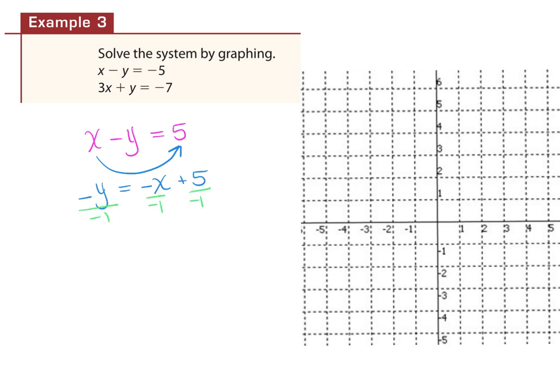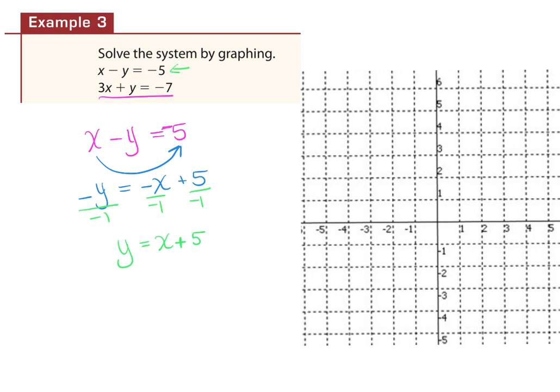So my first line is going to be y equals x minus 5. Actually, that's going to be +x. Yeah, that's right. I was like, what am I missing here? Helps to put your minus right there. Let's put that there. That's going to be a plus. There we go. Much better. All right. So that's my first equation. I'm just putting that in slope-intercept form.